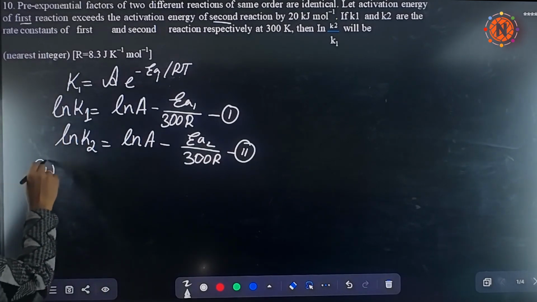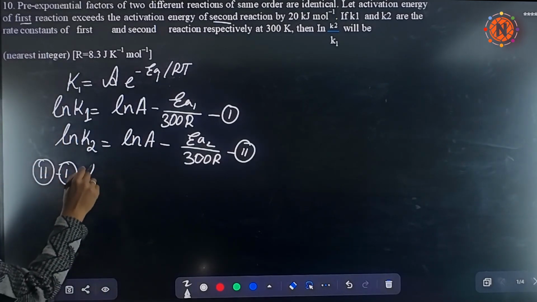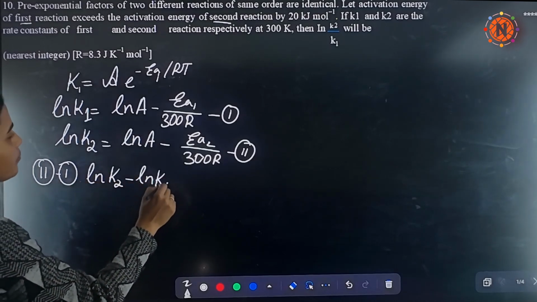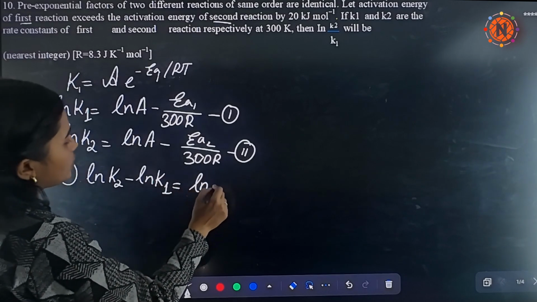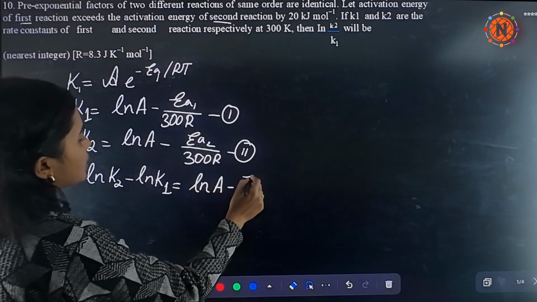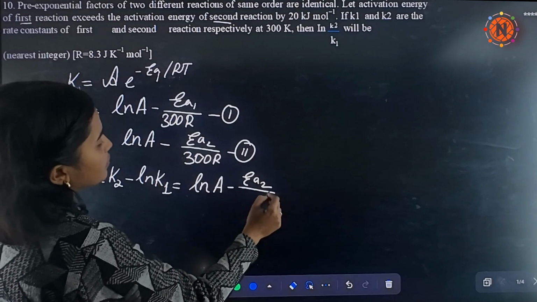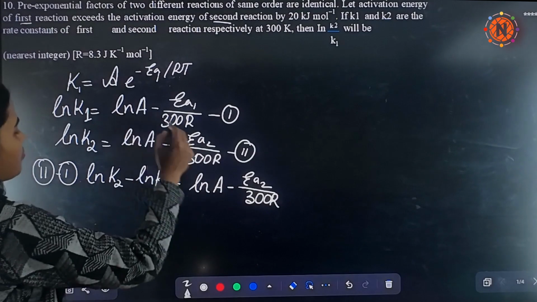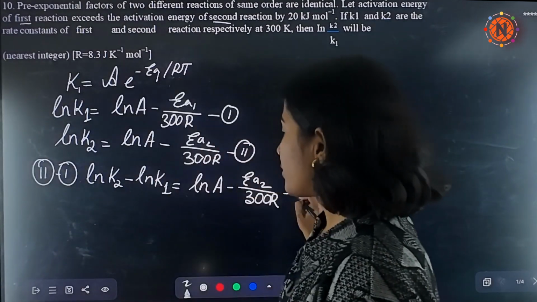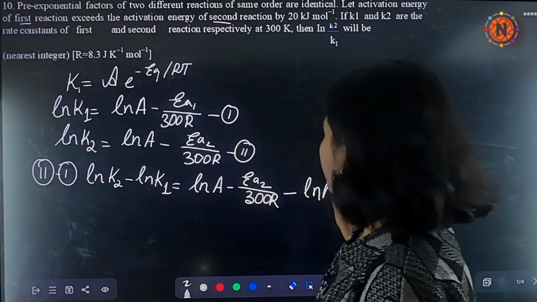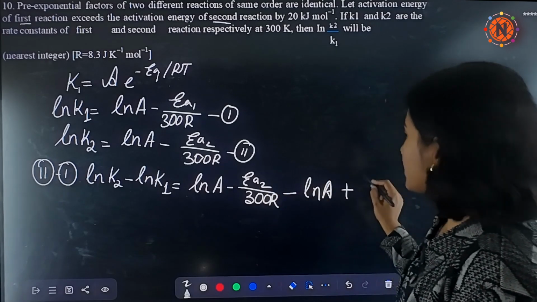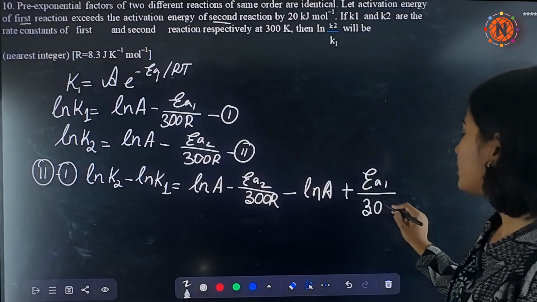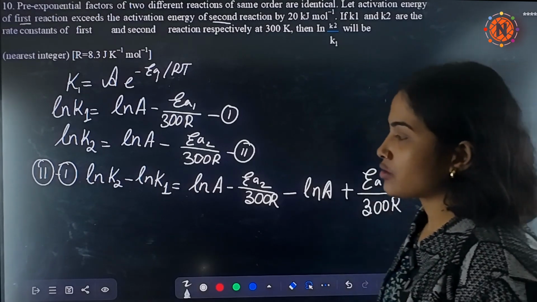Now equation 2 minus equation number 1, if I do that, then it will be ln K2 minus ln K1 equals ln A minus EA2 divided by 300 R minus ln A plus EA1 divided by 300 R, where R is our gas constant.